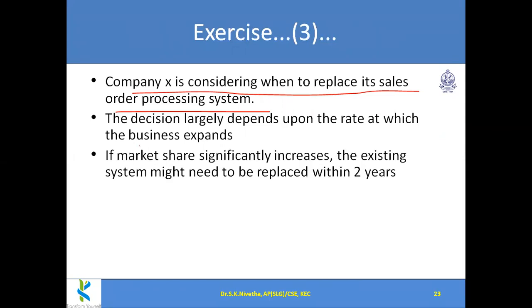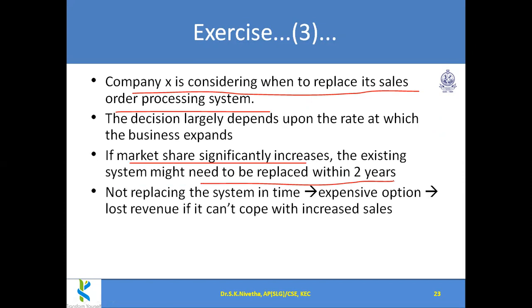If the market share increases, they may think within 2 years we can replace, not immediately. And if they do not replace the system in time, they may have to spend on a more expensive option. If the market suddenly booms, they will take some time to replace it, and in that period clients will go to another vendor. The business will be lost, we will lose revenue, and clients will go to the opponent.